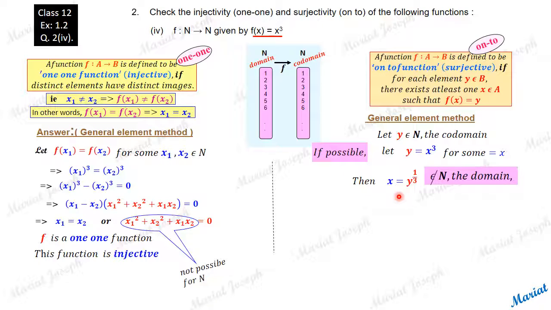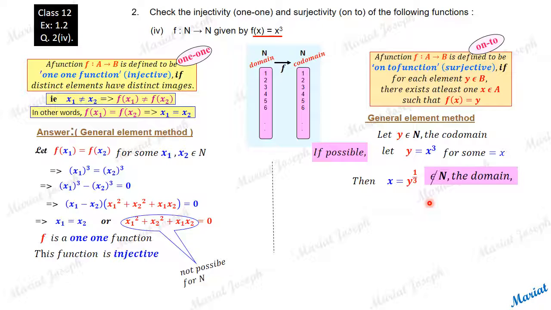X we are getting, but that x may not belong to the domain because, for example, if you take y equal to 3, or y equal to 5, 5 to the power 1 by 3 cannot be a natural number. So the second stage of the definition is being violated. So no point in going checking by the third.